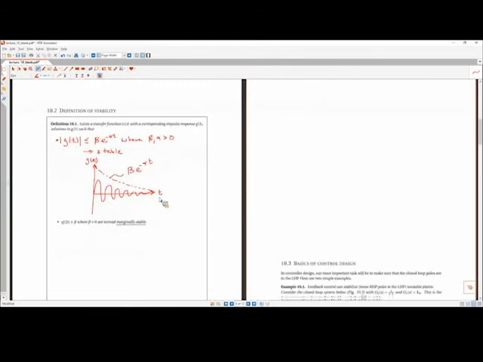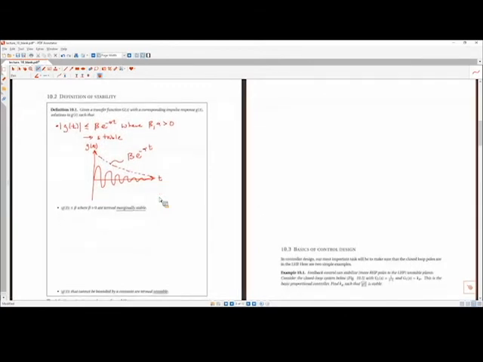There's also the more nuanced case of marginal stability. We're saying if the impulse response can be bounded by just a flat line, so if we can write a line given by beta that's always larger than this, we call this marginally stable.